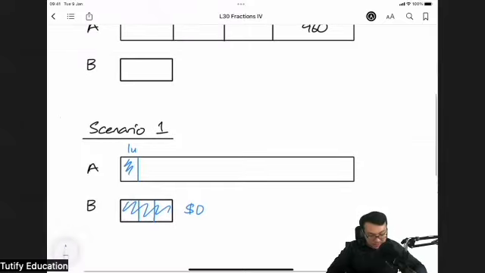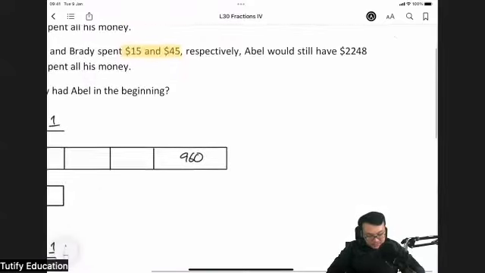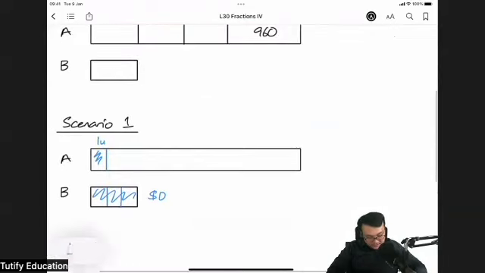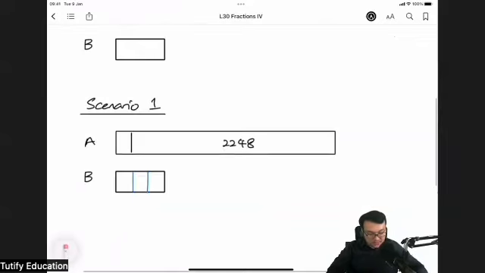But when Abel spends 1 unit, Abel has $2,248 left. So we can write down here that this is 2248. Okay, so we draw a line here. So this is what is happening here.